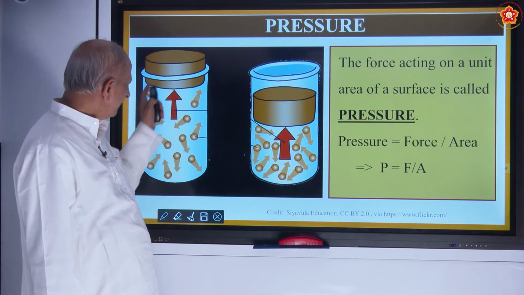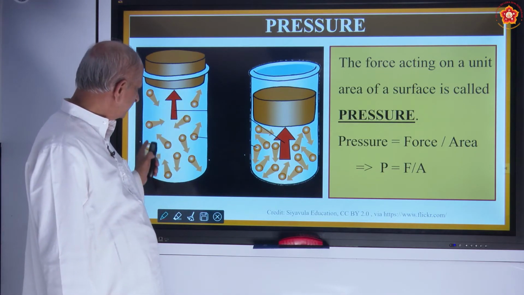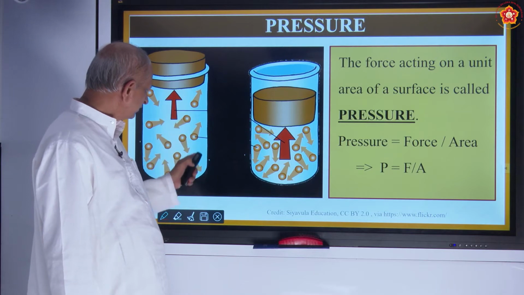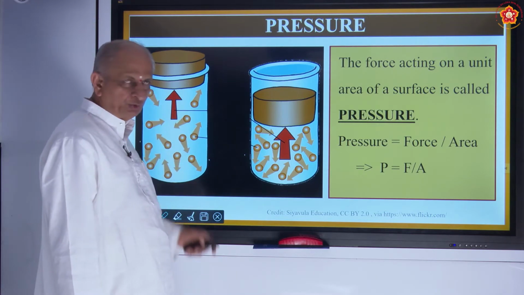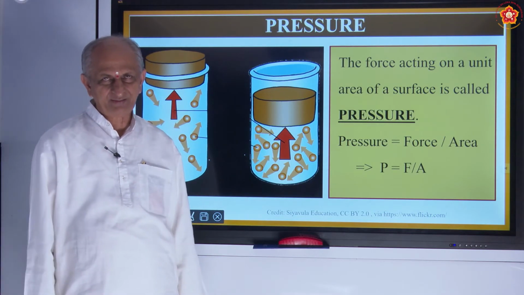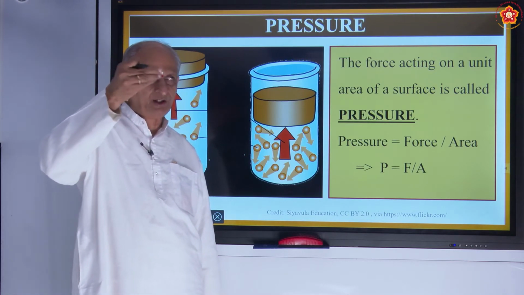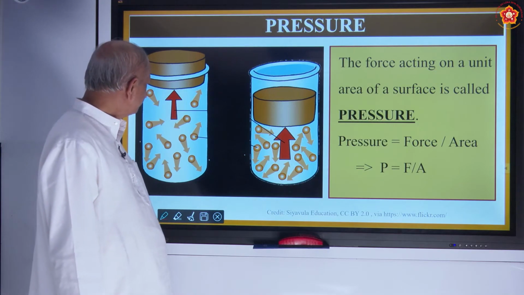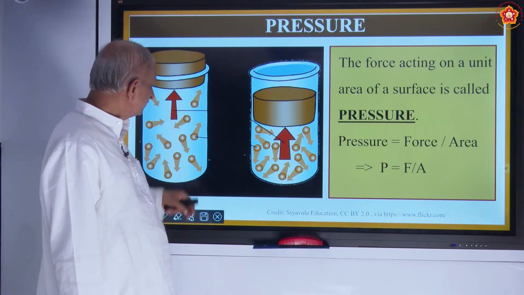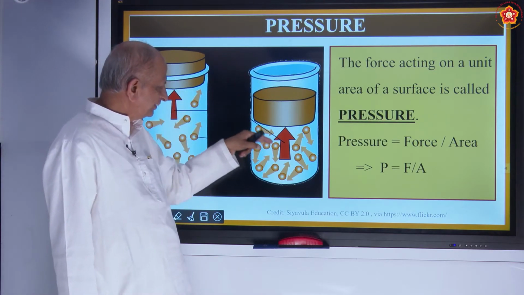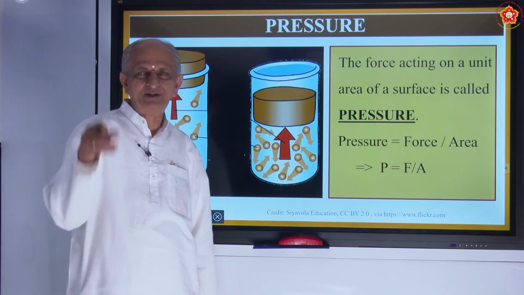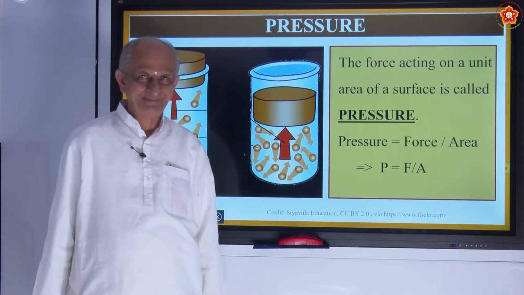So, here is an example. Here is a container containing molecules, say water or small dust particles, whatever it is. Here the lid is closed. Now, if the lid is pressed down, that is what you call pressure being applied.